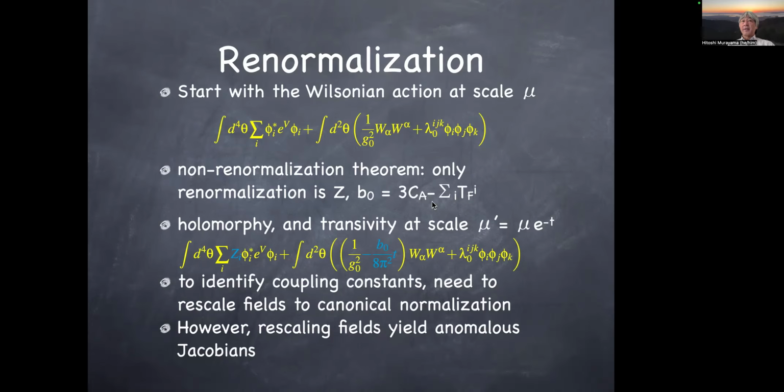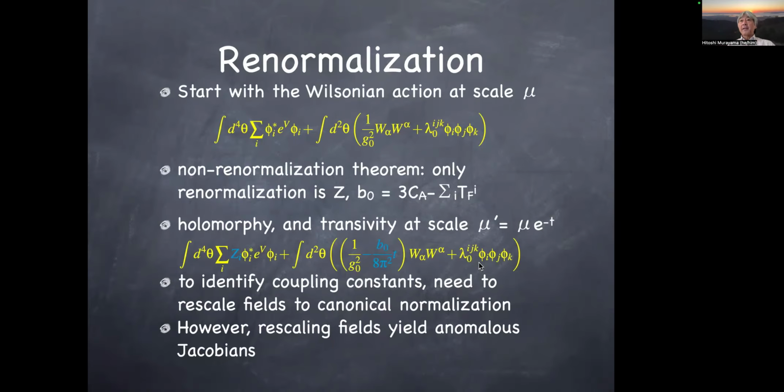And when this is positive, the theory is asymptotically free. There is a wave function normalization for the matter fields, just like in the ordinary non-supersymmetric gauge theory. There is also a one-loop beta function for the gauge coupling, but not beyond. This is it. And this piece, as I told you already, is never renormalized at any order in perturbation theory.